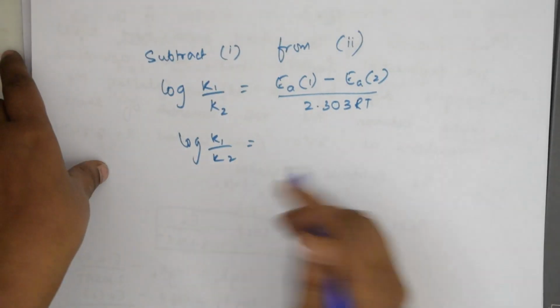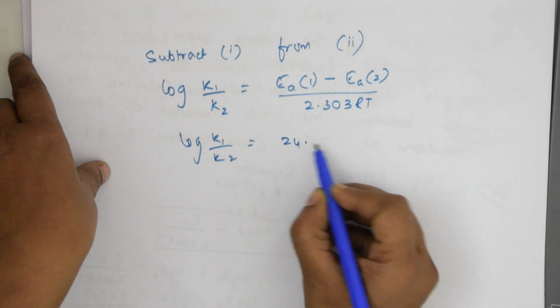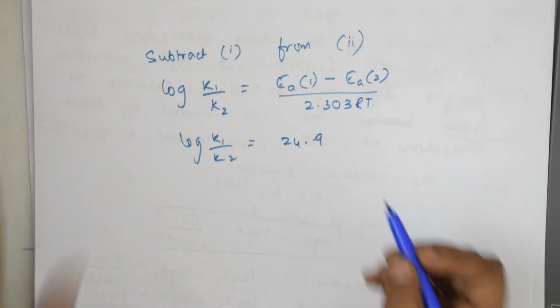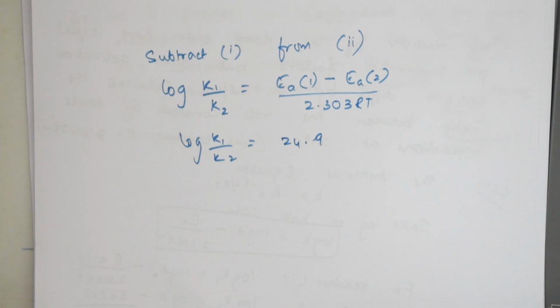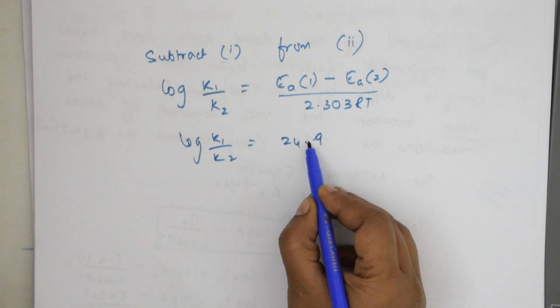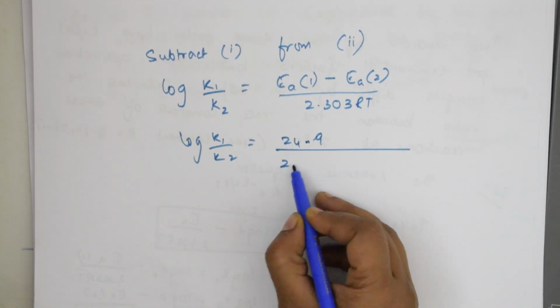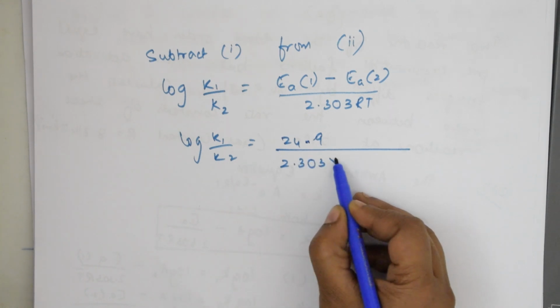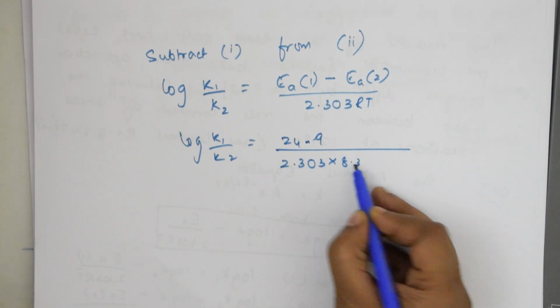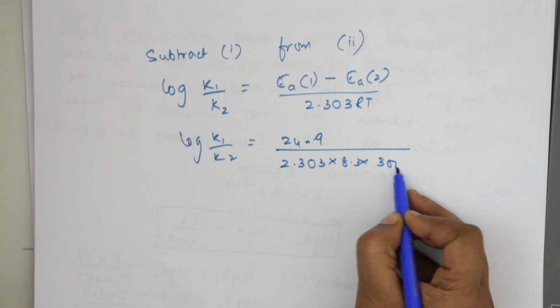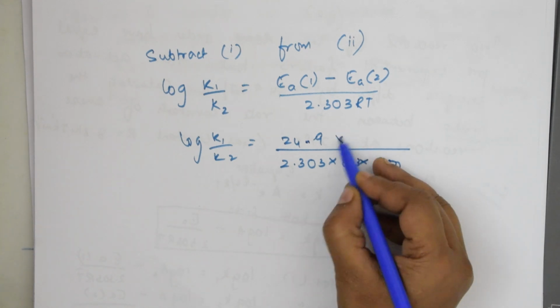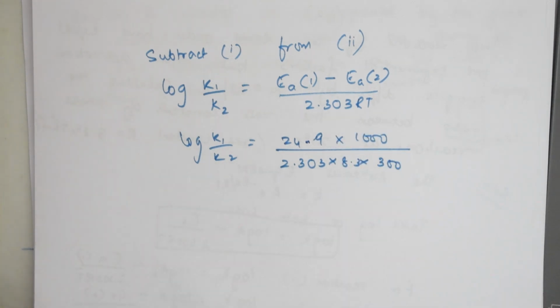So 24.9 divided by 2.303 into gas constant 8.3, temperature 300, plus this into 1000, since they said kilojoule per mole.